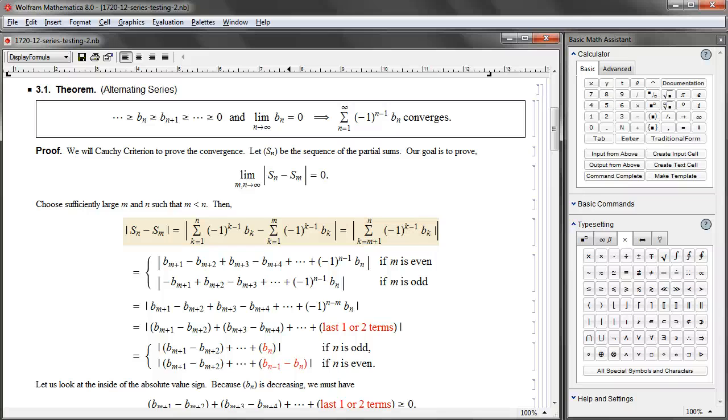And please make this observation. Depending upon where we start, this will be plus minus plus minus as we see here, or minus plus minus plus as we see down here. But they make no difference whatsoever because we are going to take absolute value anyway.